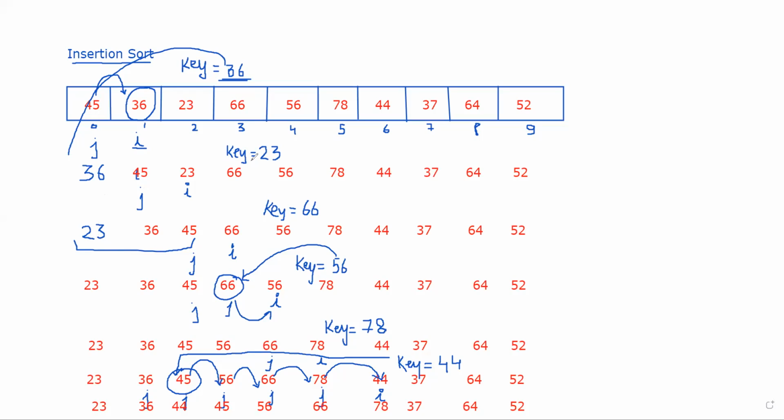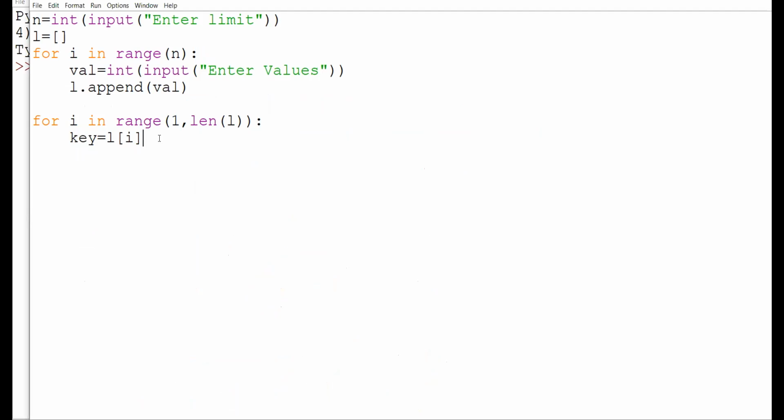Because ultimately this value was the smallest value, so this has to be at the 0th index only. So ultimately there will be 2 conditions in this particular case. So this logic is clear that whatever is the index of I at that particular place, whatever is my value will be stored in the key. Now we have to run the loop for J.